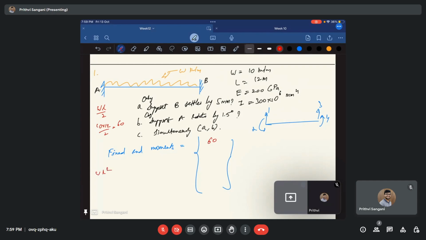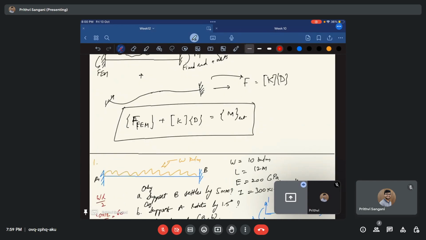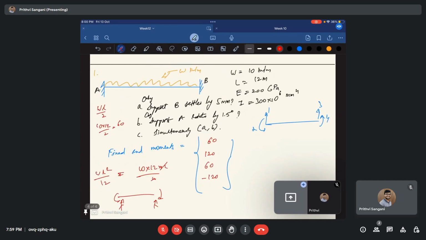WL square by 12, that is 10 times 12 times 12 by 12, which is 120. So 60 and minus 120, as you might know why. This is my fixed end moment, so this is my M external.